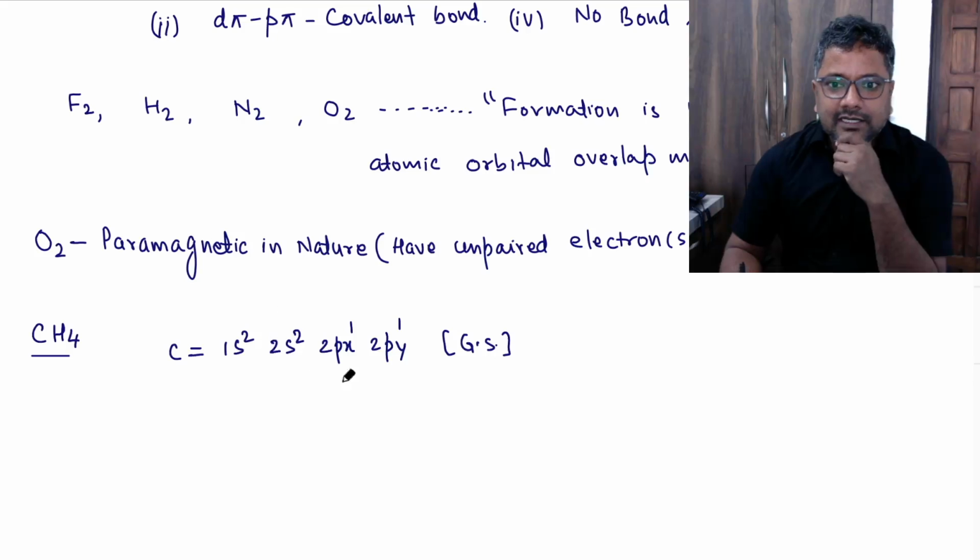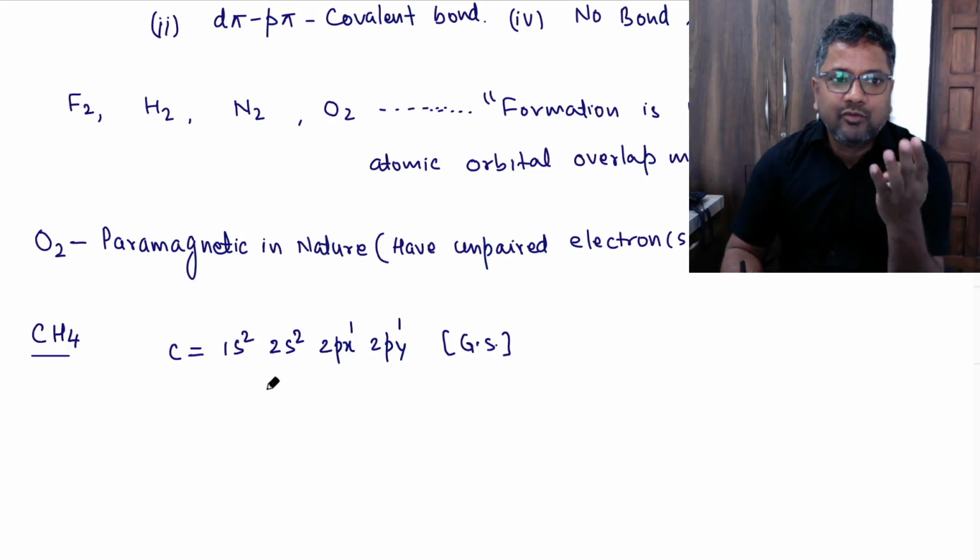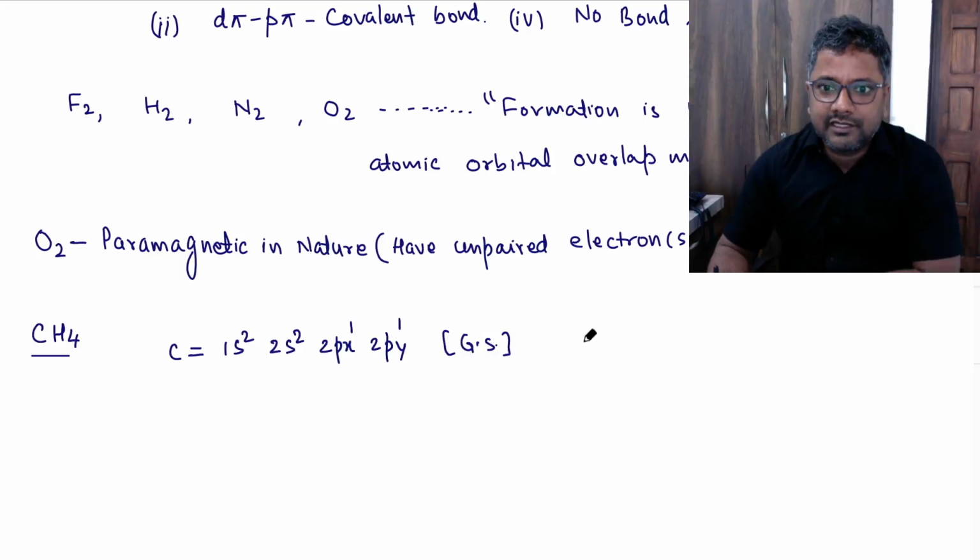So with the help of VBT, you cannot explain the formation of four covalent bonds in carbon, basically, right? Because in ground state, carbon is bivalent. Only two unpaired electrons are there.